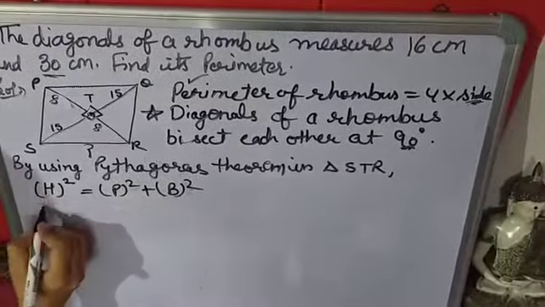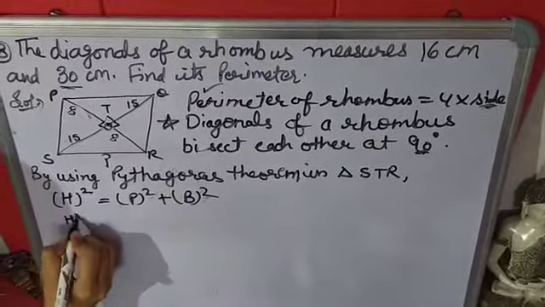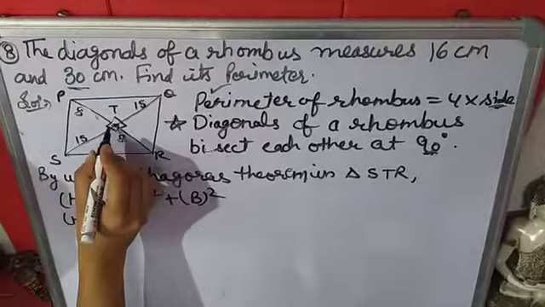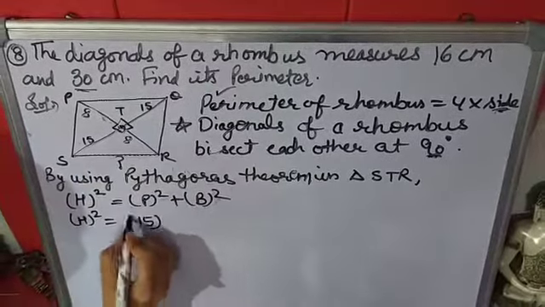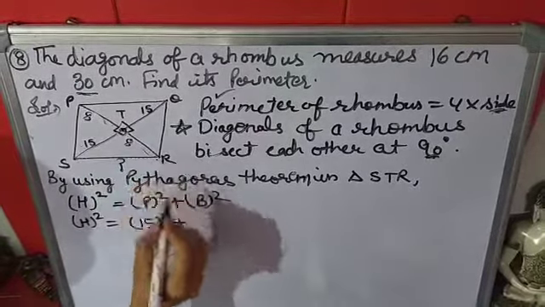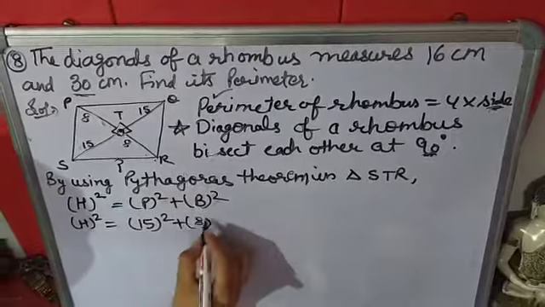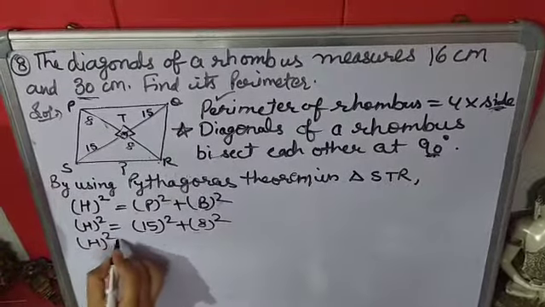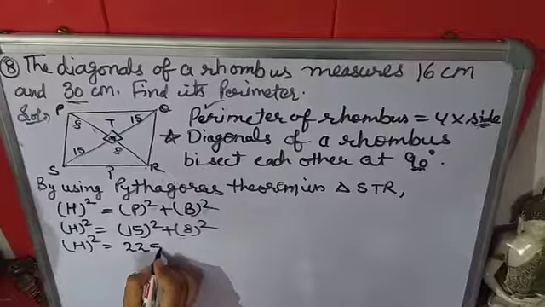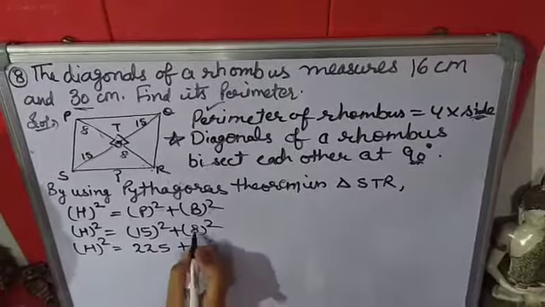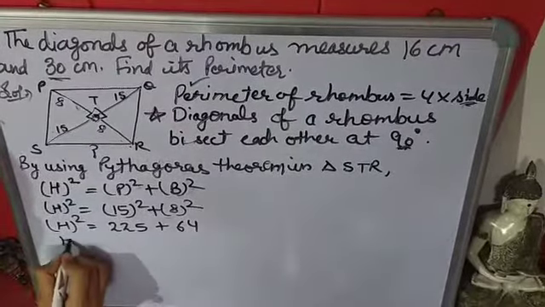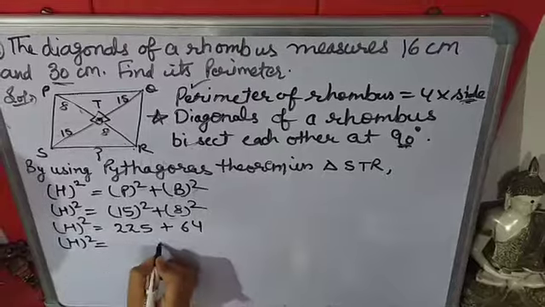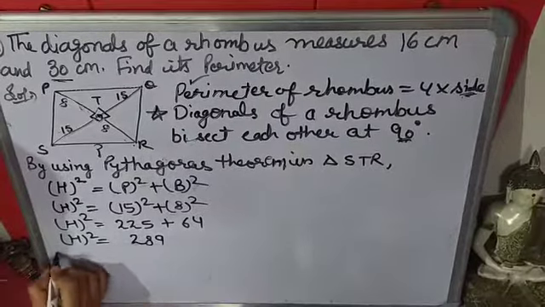So we don't know hypotenuse, so it will come like this only. Perpendicular is 15, base is 8. What is the square of 15? 225. 8 8s are 64. Add it. It will be 289.